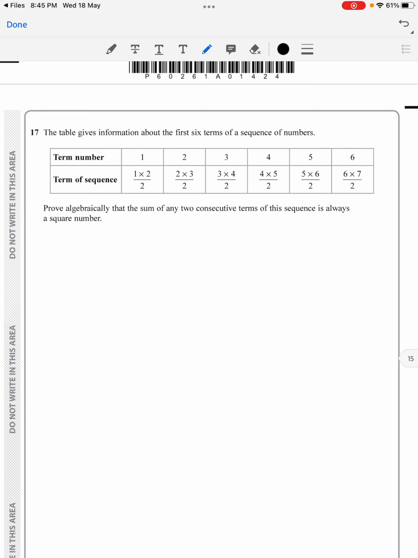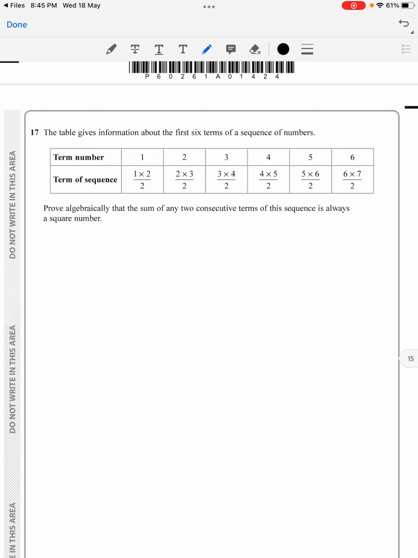The table gives information about the first 6 terms of a sequence of numbers. Prove algebraically that the sum of any 2 consecutive numbers of this sequence is always a square number. Just by looking at this, we can see that the value of the denominator is fixed, right? So if we find out the values, 1 times 2 is 2, 2 divided by 2 is 1.